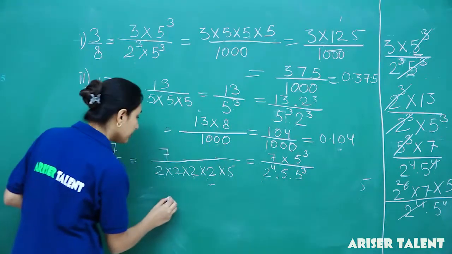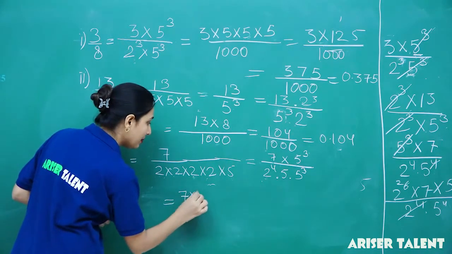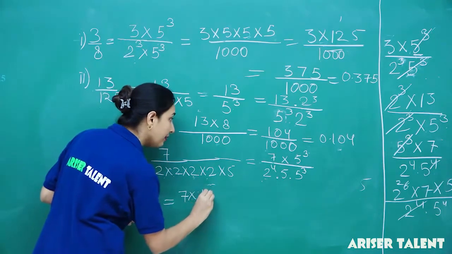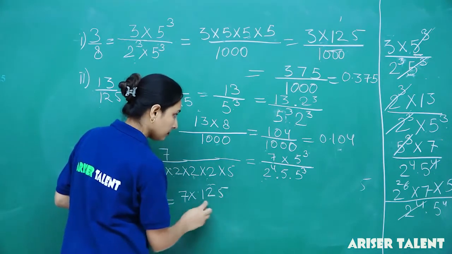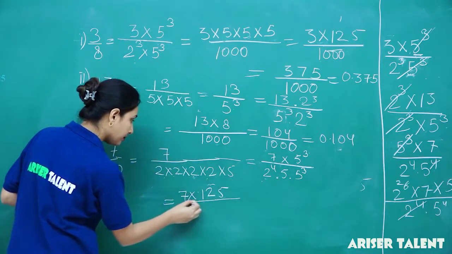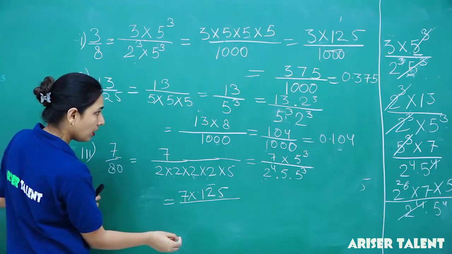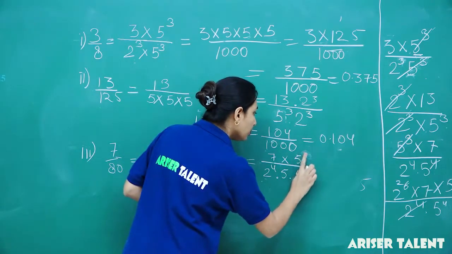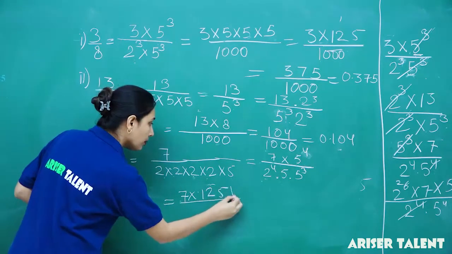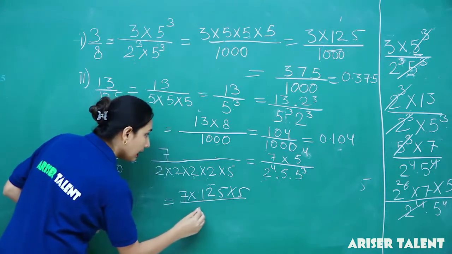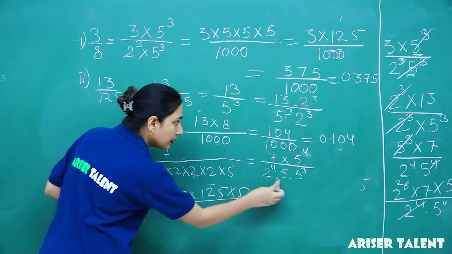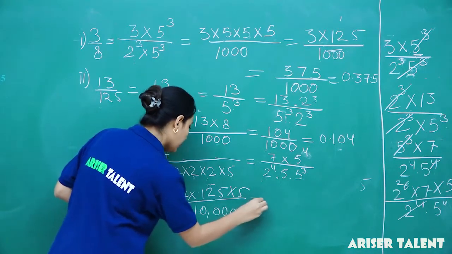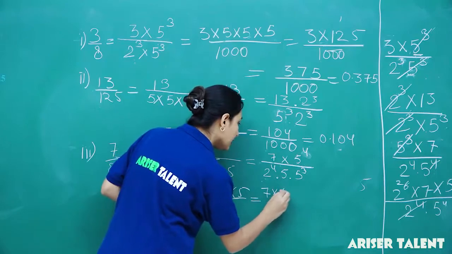Now resolving it, 7 multiplied by 5s are 25, 5s are 125. Now it is 4 times by 5 and here it will be 10,000. That will be 7 multiplied by 625.